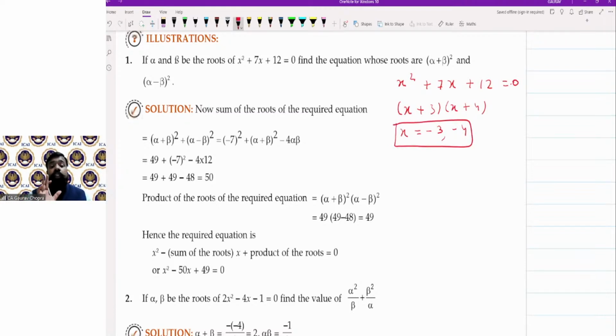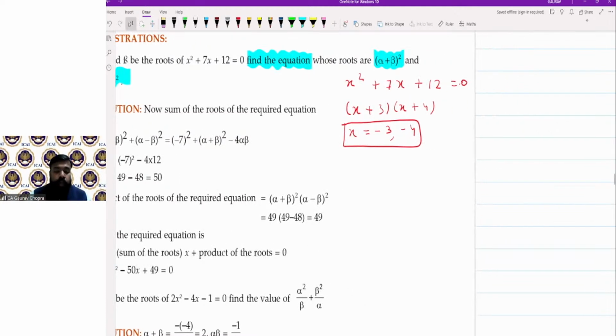So these were the roots of the given equation. But now the case is different. Now what we require is to find the equation. The question is asking to find the equation whose roots are alpha plus beta whole square and alpha minus beta whole square. So this is the requirement.